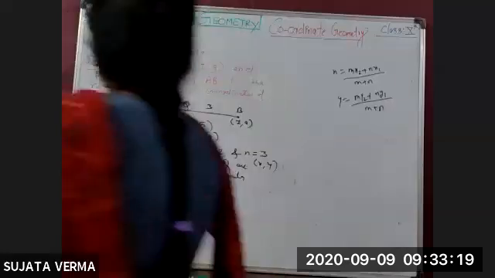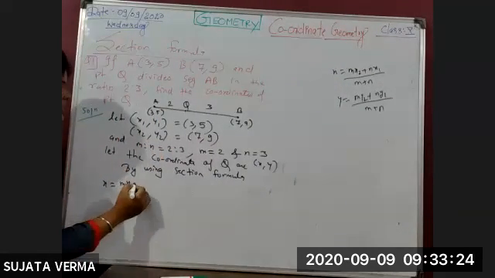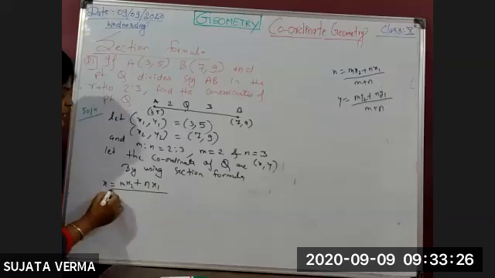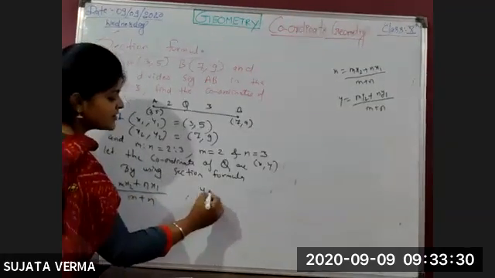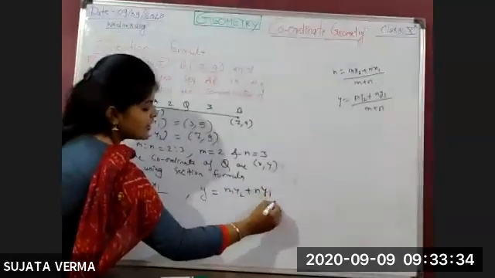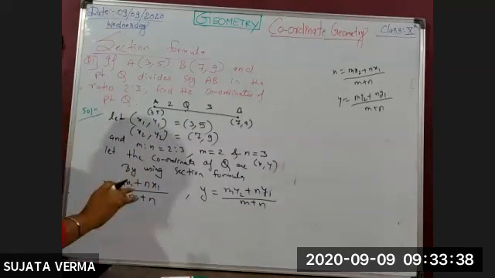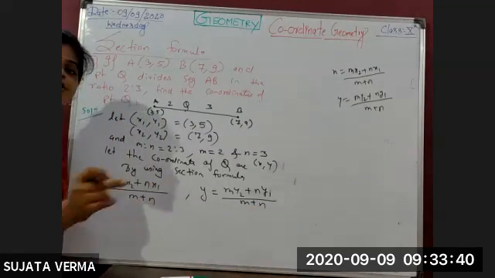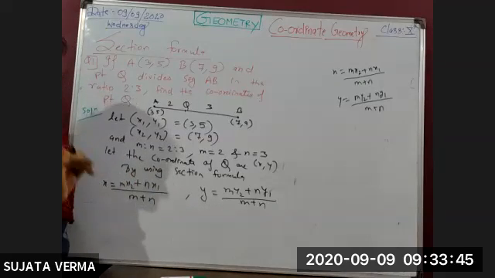So write down the formula. We have the values of m, n, x1, x2. Substitute here, then we will get the values of x and y.